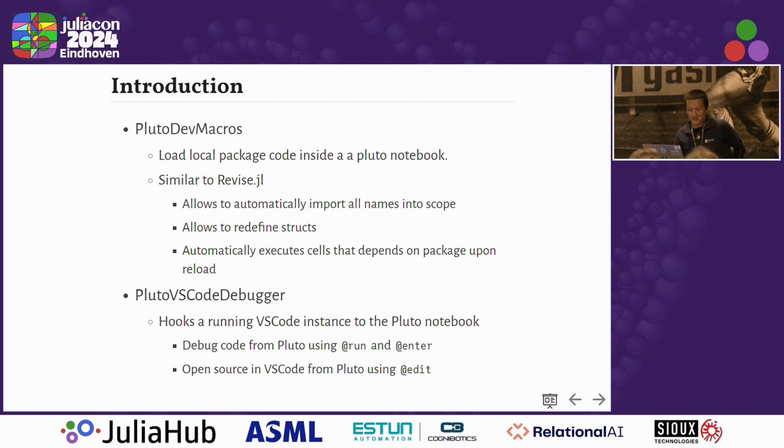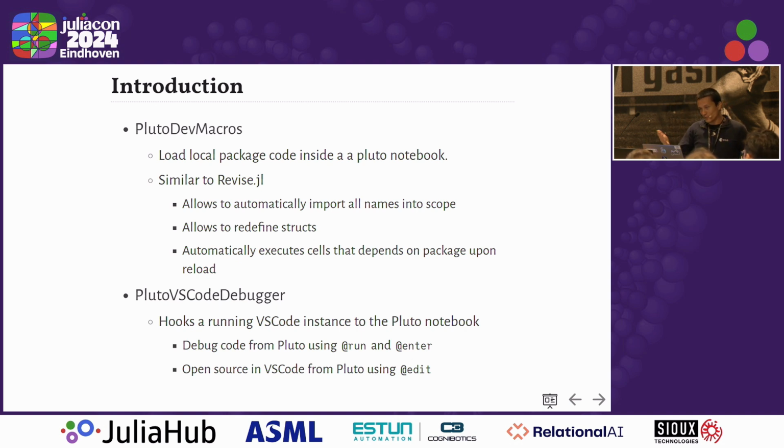So PlutoDevMacros, as seen, is a way to import mainly local code inside the Pluto notebook. It tries to streamline this as much as possible without having to fiddle with the package manager and other things. The way I mostly use it is, to some extent, as an alternative to Revise. To me, it's like Revise with some additional benefits. It allows you to automatically import into the notebook scope all of the names of the package you are loading locally.